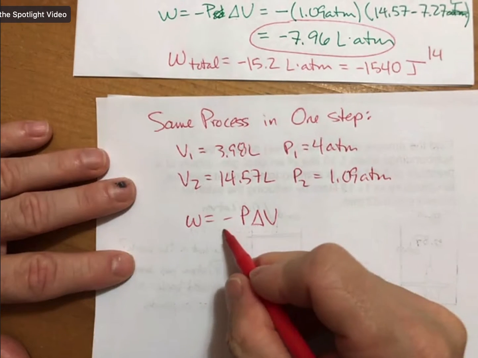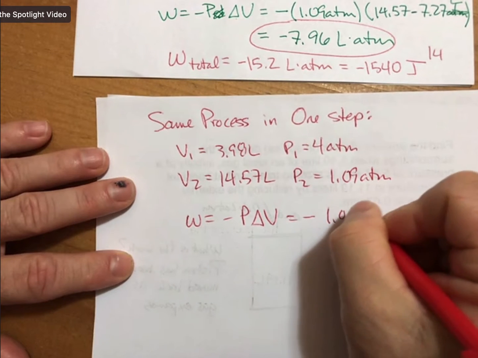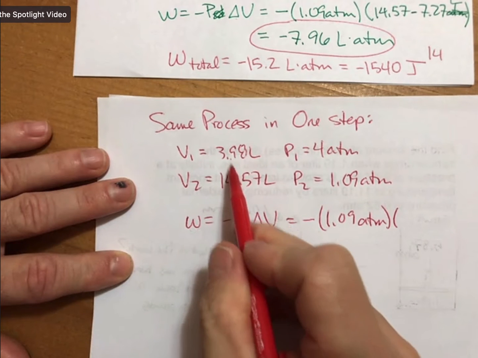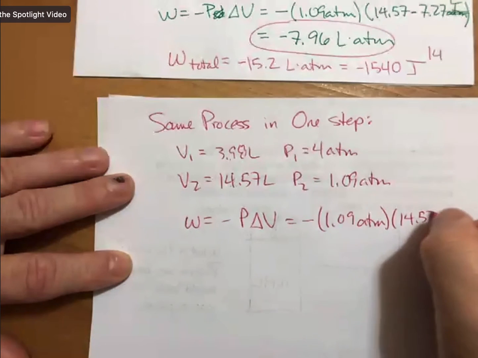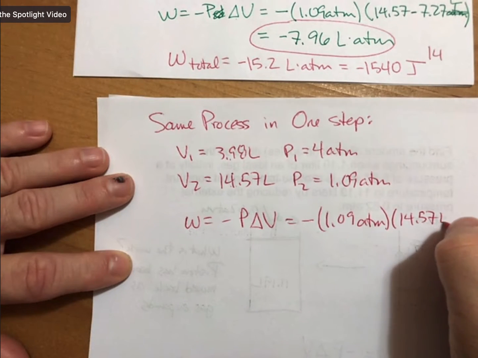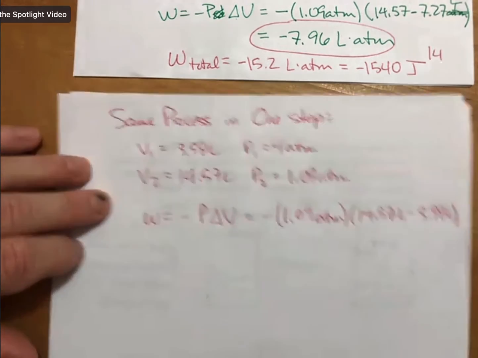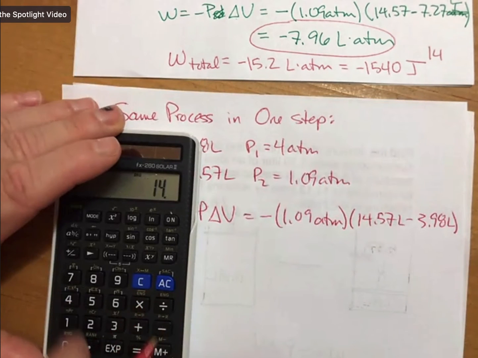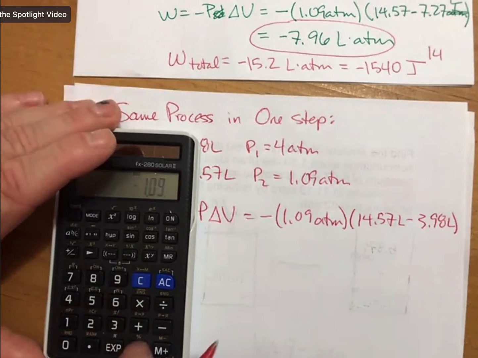And now work is going to be equal to minus P delta V, minus 1.09 atmospheres, and then the difference between our final and our initial volume, 14.57 minus 3.98, times 1.09 negative.